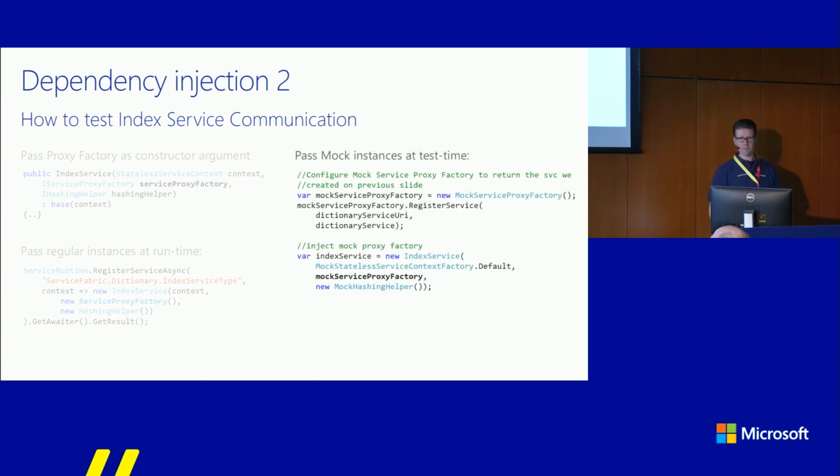But at test time, I will pass a mock service proxy factory. This is one of the classes from the project I mentioned earlier, and what it allows me to do is to return a fake proxy on demand. So, as you can see in the code, I register that dictionary service I made testable earlier. I'm passing that as a variable to this indexing service now.